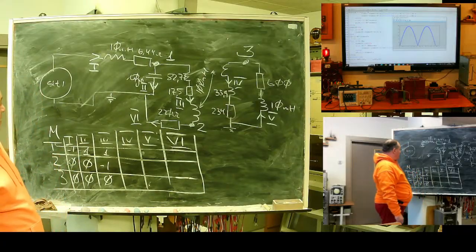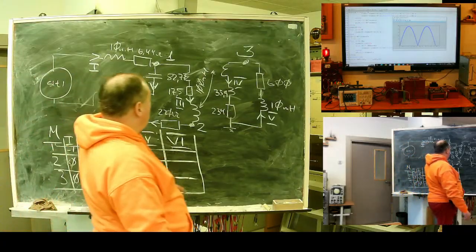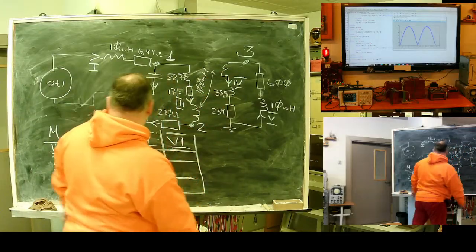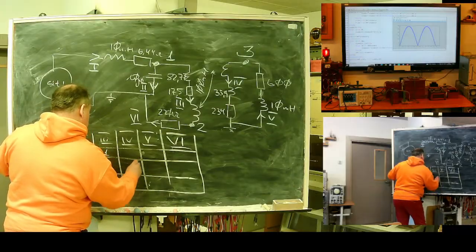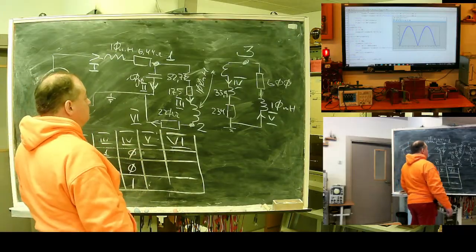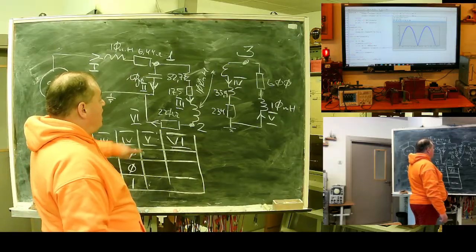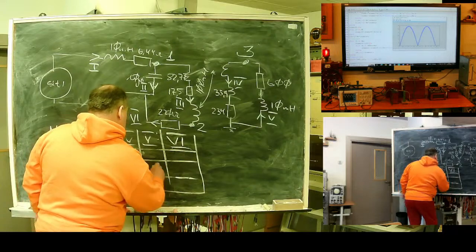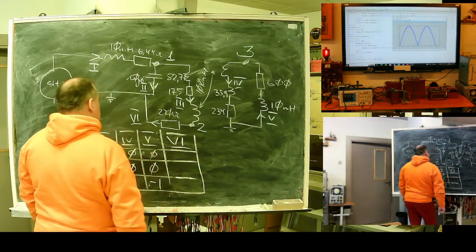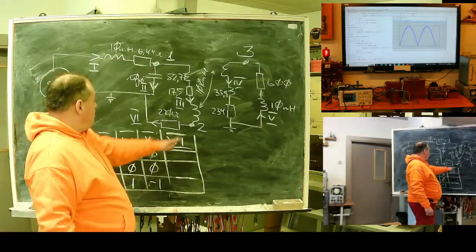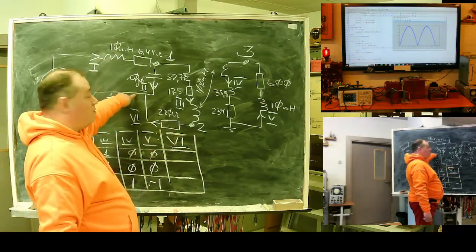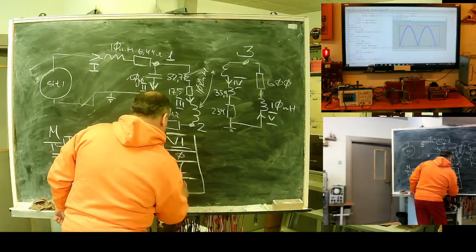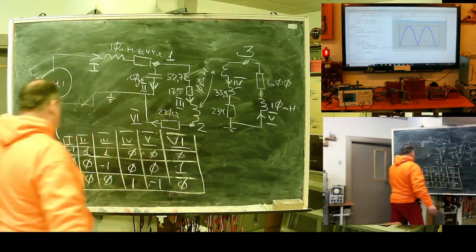Correct? Correct. Branch number 4, from 3 to base. This is the base node. 1, 0, 0. Branch number 5, from base to 3. -1, 0, 0. And number 6, from second to base. 1, 0, 0.